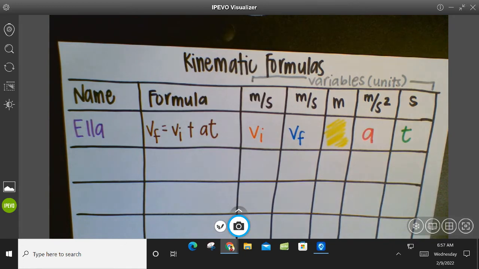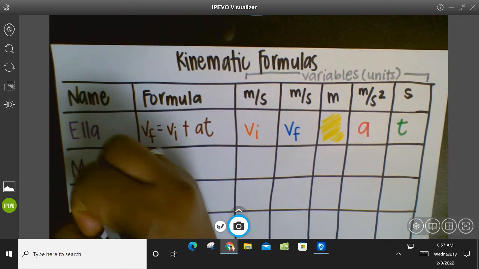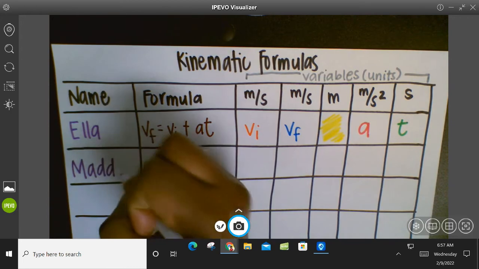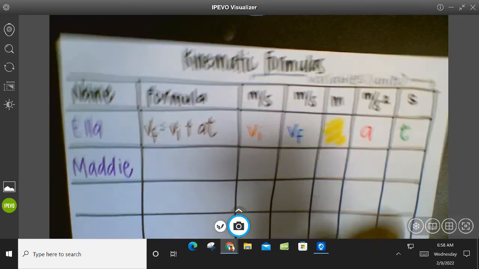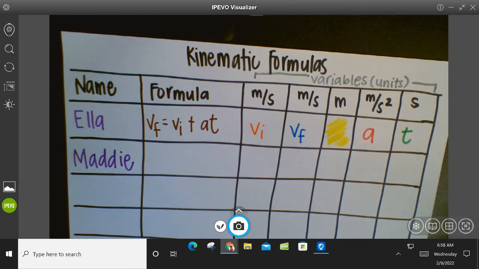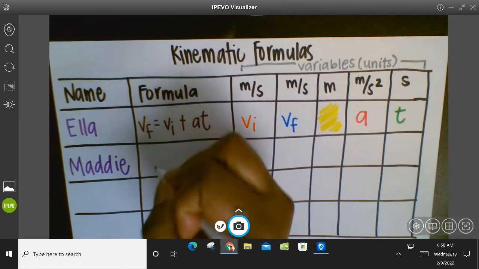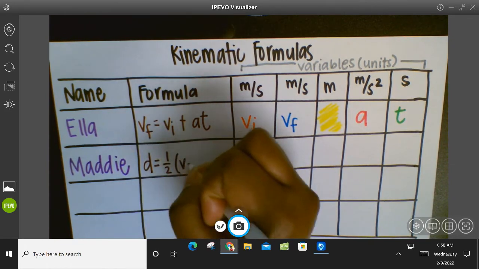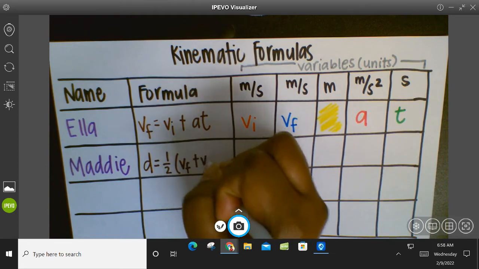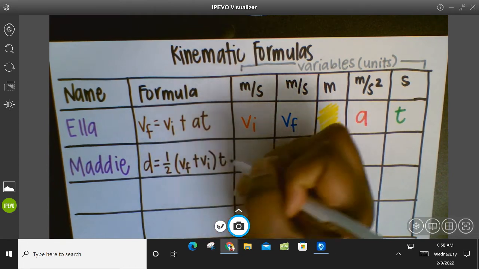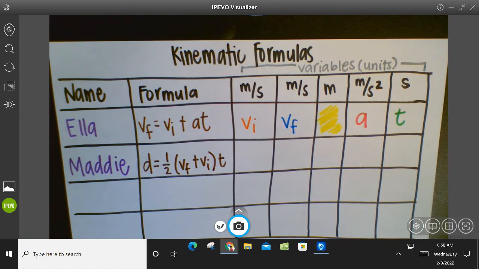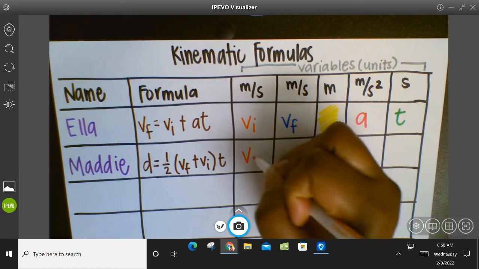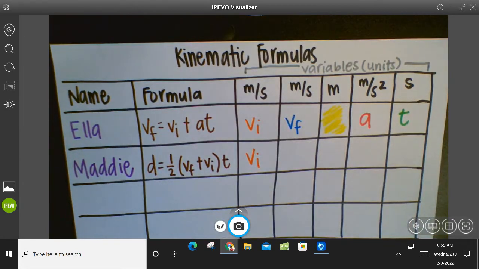Our second formula, we're going to call her Maddie. Okay, so Maddie, D, distance equals 1/2 final velocity plus initial velocity times time. Okay, and so let's look at the things that I'm given. I look and I see that I have VI. I also have VF.